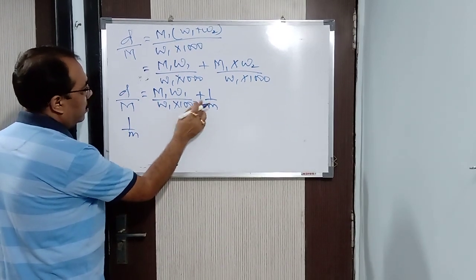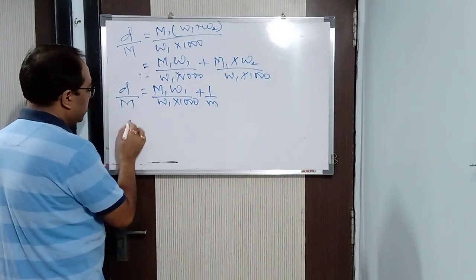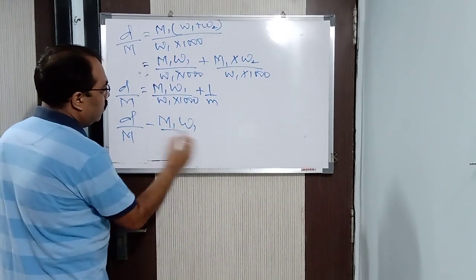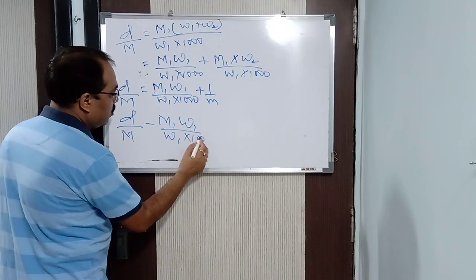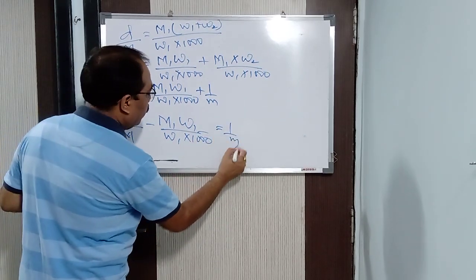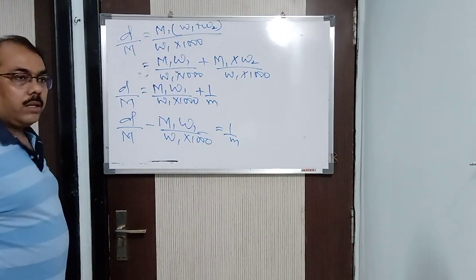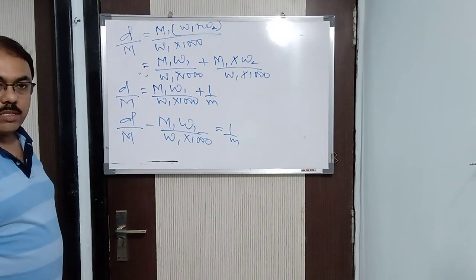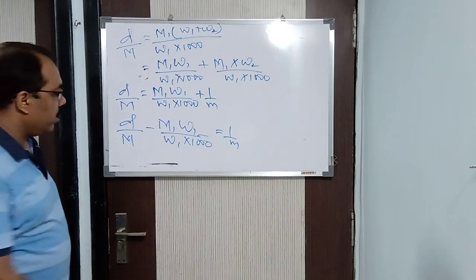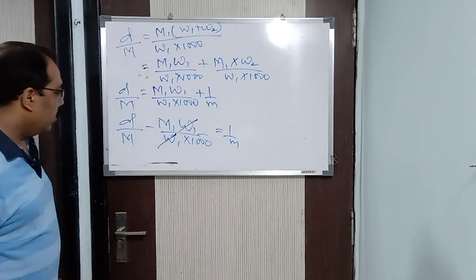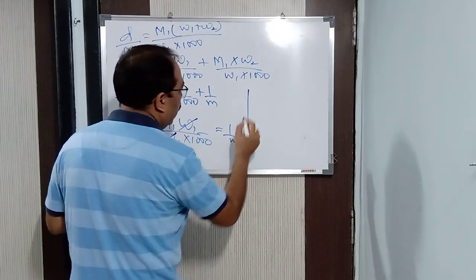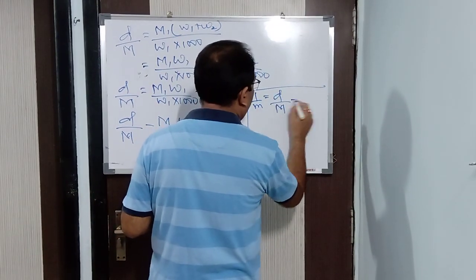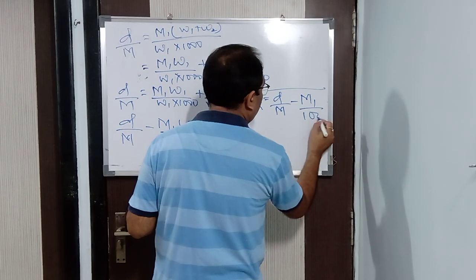I will keep 1 by m on this side and bring the other term here: D by M minus M1 W1 by W1 into 1000 is equal to 1 by m. We got it. Clear? So in this way we get the relationship. Now cancel W1 and W1. Ultimately we get 1 by small m is equal to D by capital M minus M1 by 1000.